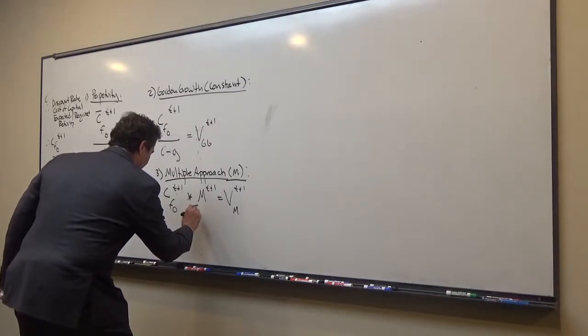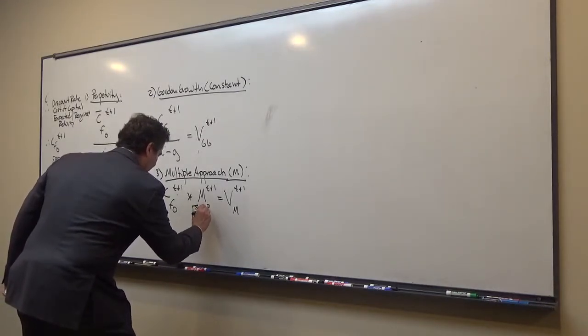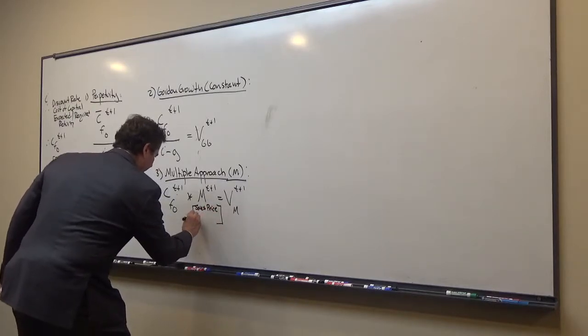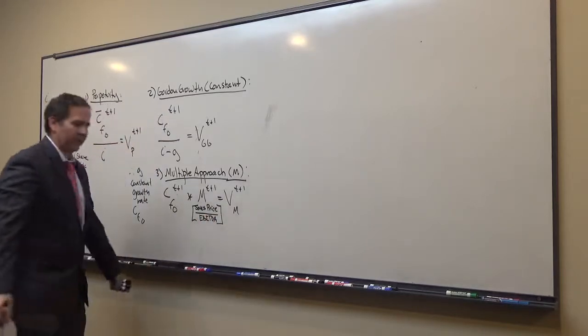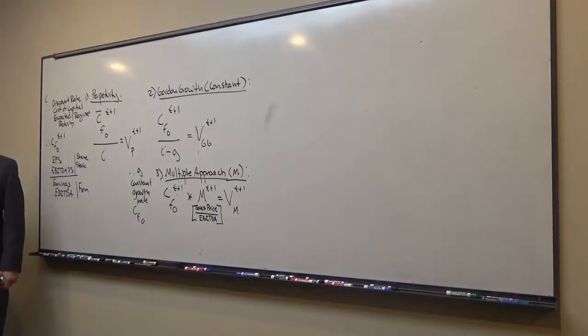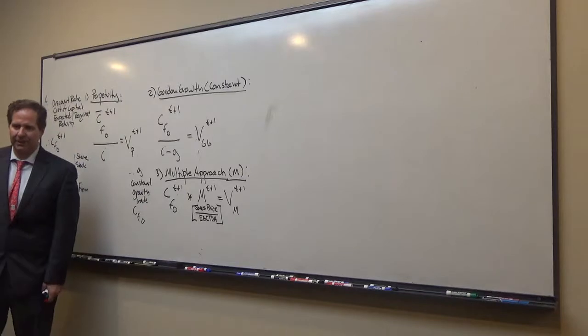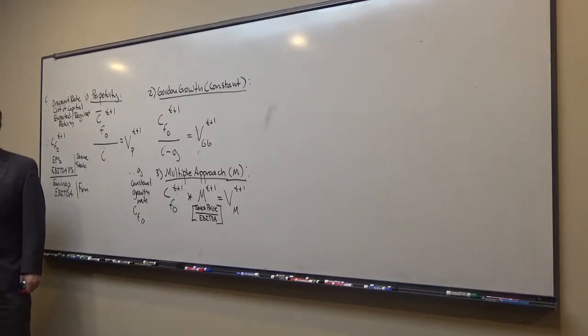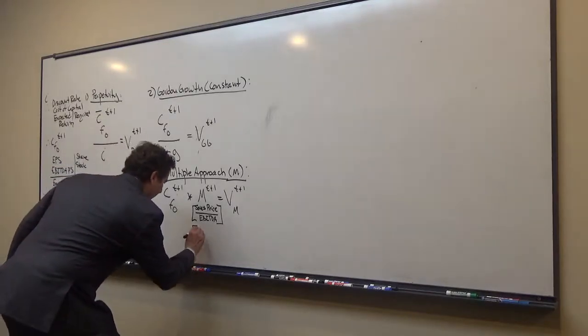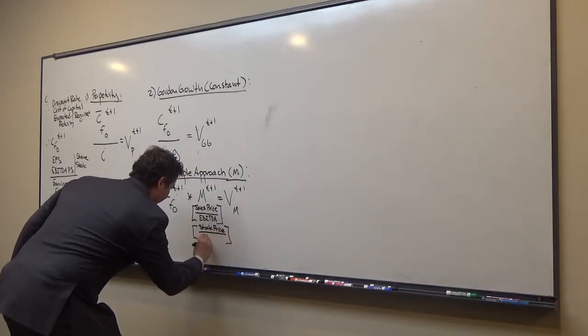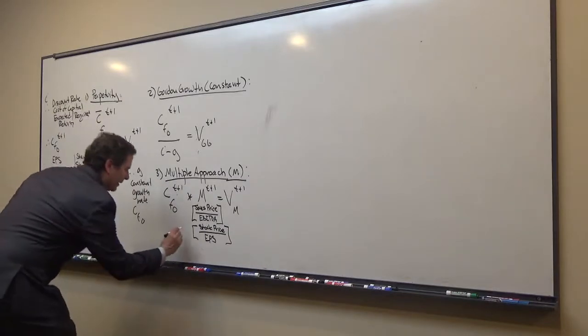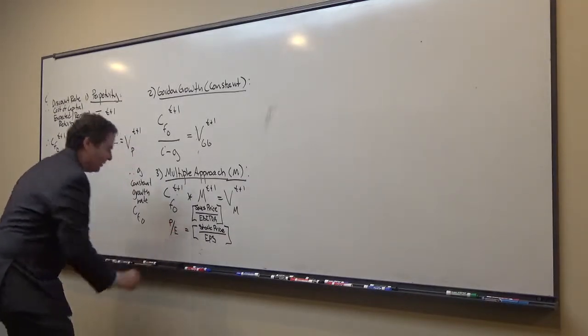It could be the sales price of the company divided by the EBITDA. I can find 3 companies that sold similar to mine, find the sales price divided by the free cash flow, and get a multiple. Or I can use earnings, or the stock price divided by the EPS, which gives me my price to earnings multiple, my PE multiple.